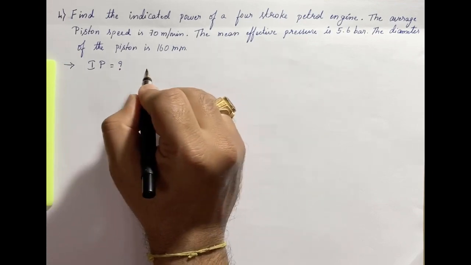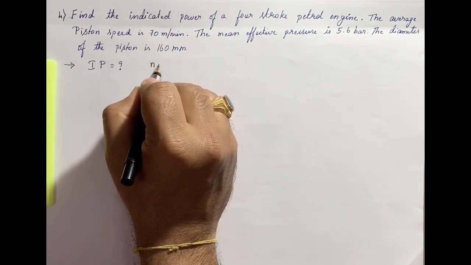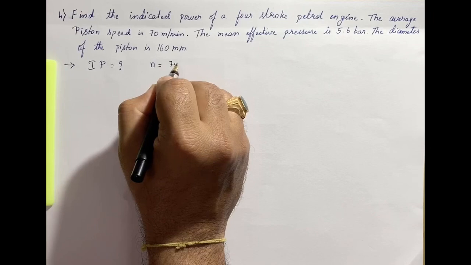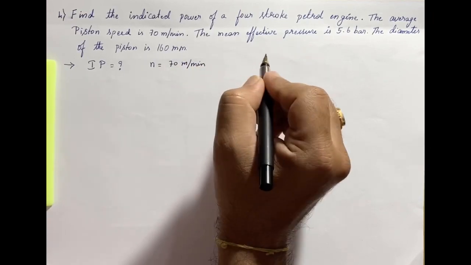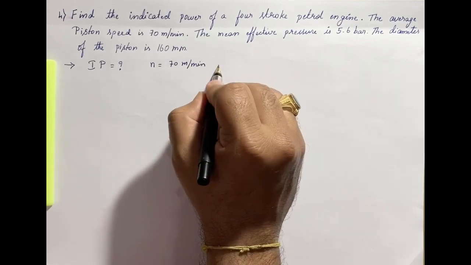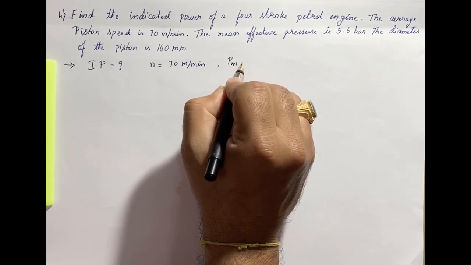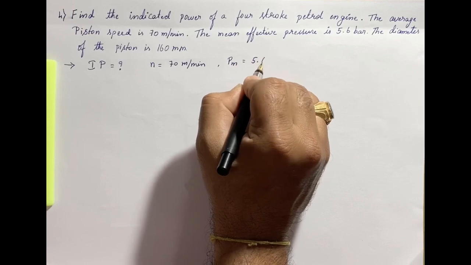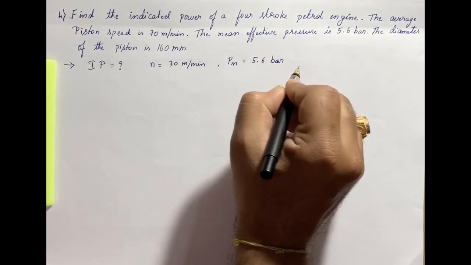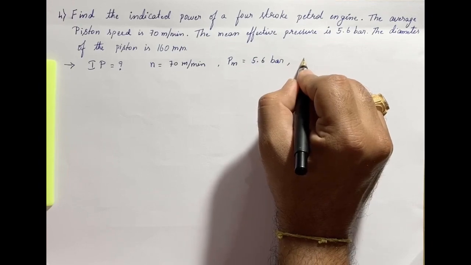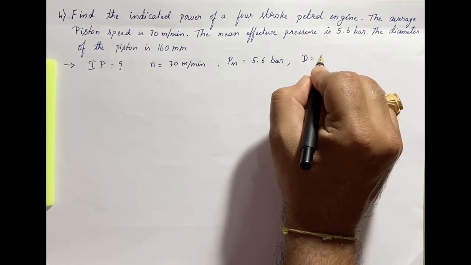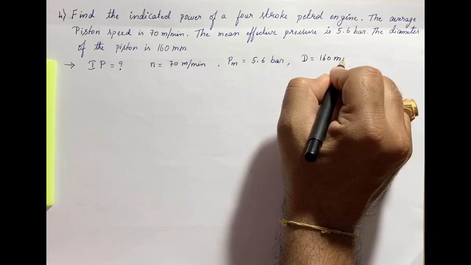I'll write that one as 2LN equals 70 meter per minute. The mean effective pressure, that is PM, is 5.6 bar. The diameter of the piston is 160 mm. That means D equals 160 mm.